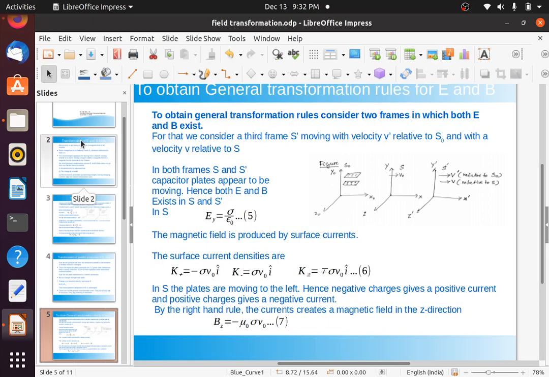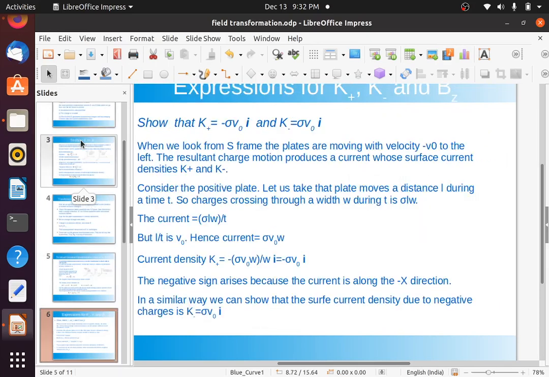These two surface currents create a net Bz of minus mu 0 sigma V0. Next we are going to show how K plus equal to minus sigma V0 i and K minus equal to sigma V0 i arise.